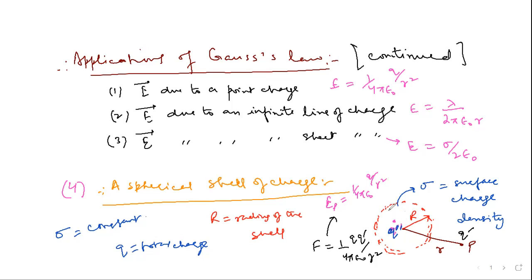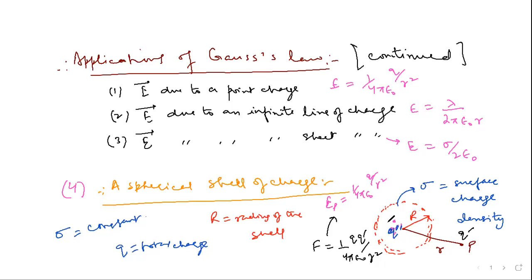Got it? So I am saying second shell theorem says if you place some charge inside the shell, let that charge be Q double prime, force on this will be 0. That is only possible when electric field inside the shell is 0.